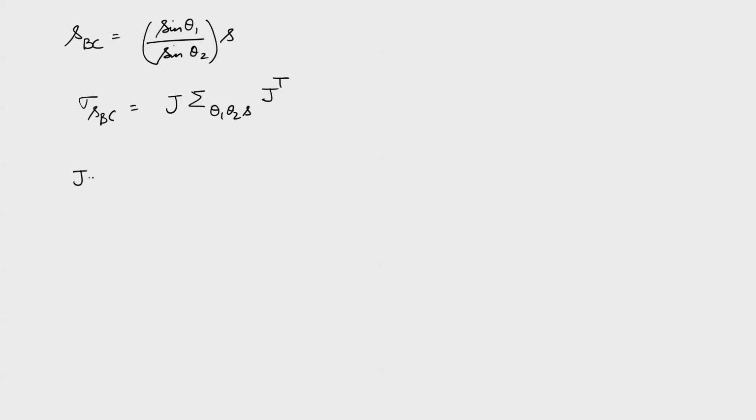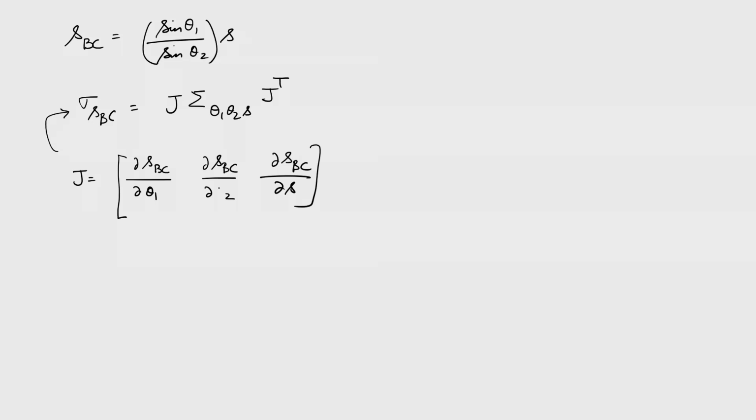So, matrix J is given by dou SBC by dou theta 1, dou SBC by dou theta 2 and dou SBC by dou S. Well, you can calculate this matrix, then I can put this value and I can find out sigma SBC, right. I am sorry, here it should be square, right. I have calculated sigma SBC.